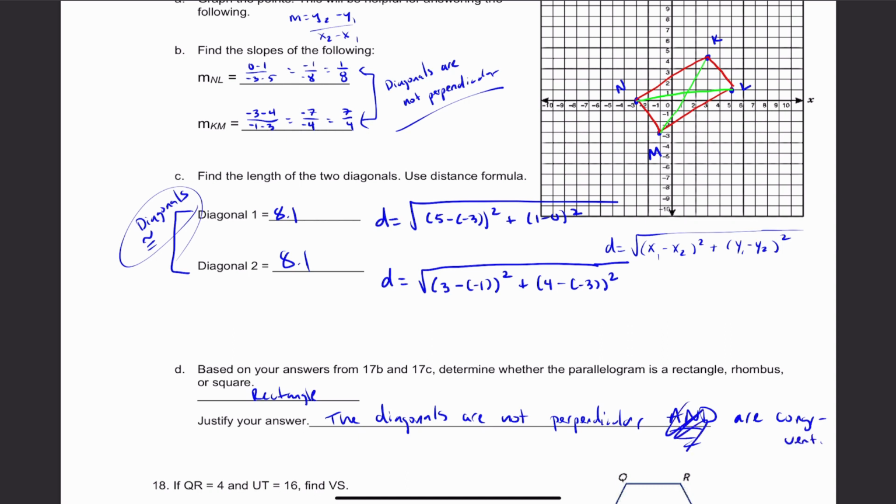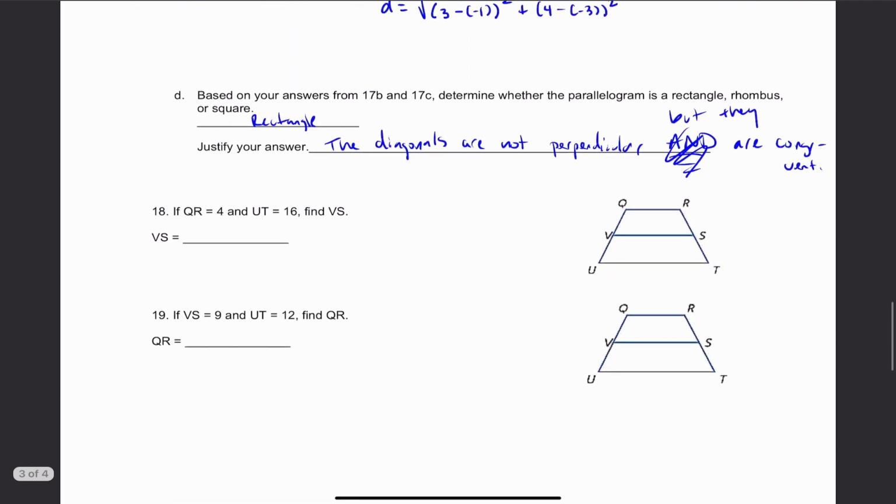Maybe I should say, but they are congruent. Okay. Let's go ahead and take a look at 18.